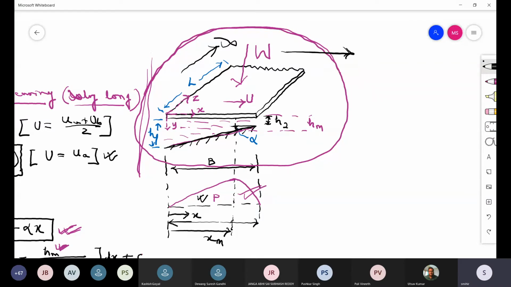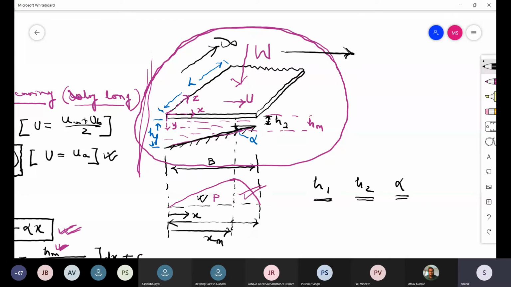What is happening in this problem? This is an inverse kind of solution where you are assuming H1, H2 and alpha. These three things are there: H1, the left side maximum film thickness, H2, the right side minimum film thickness, and alpha.